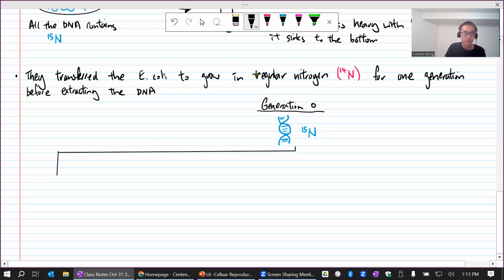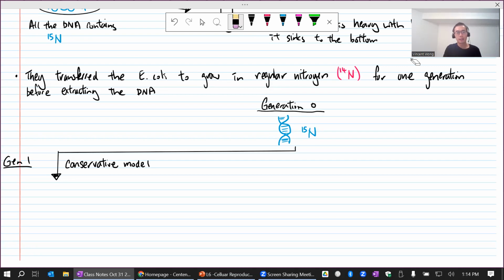Let's take a look at here. So they are allowed to grow for 1 generation. So this is generation Gen 1. So let's do the conservative model. I think about the teddy bear, right?